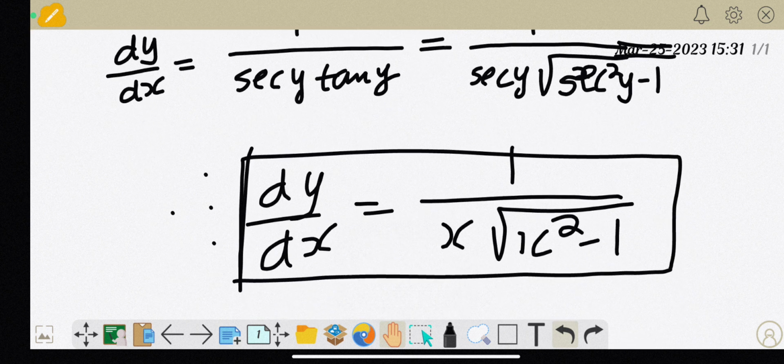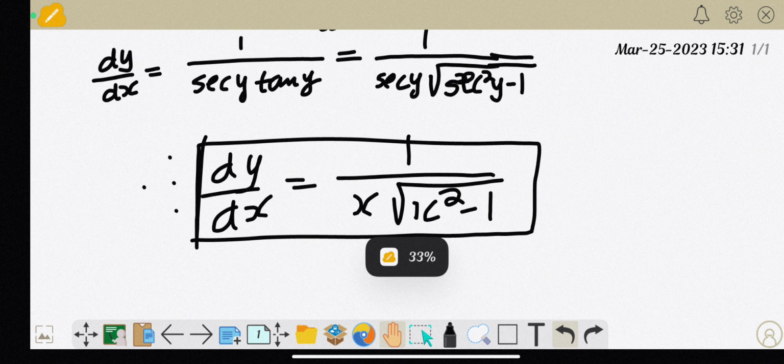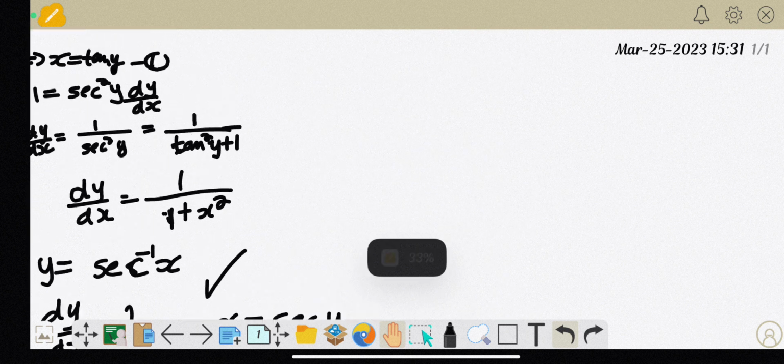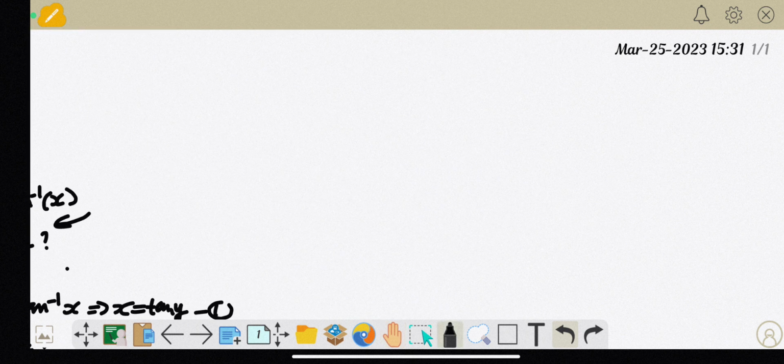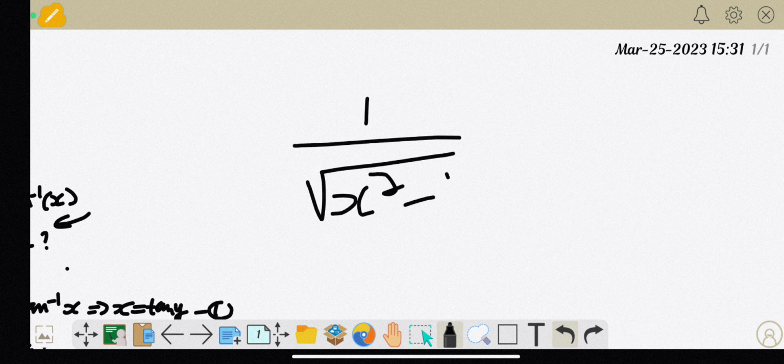Yeah, sir. Okay, so in this way you can derive any of these. Now for sine inverse x, what was the formula? 1 by square root of 1 minus x square, correct? So for cos inverse x, the formula is minus.